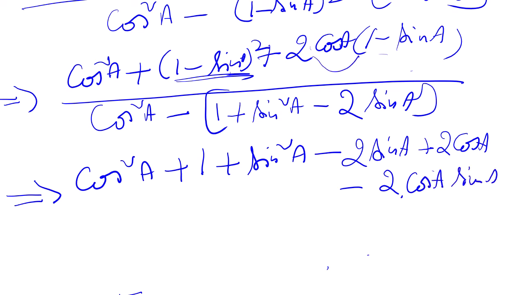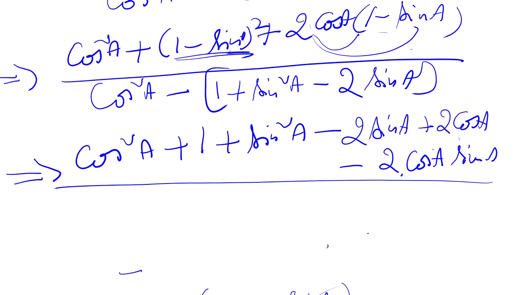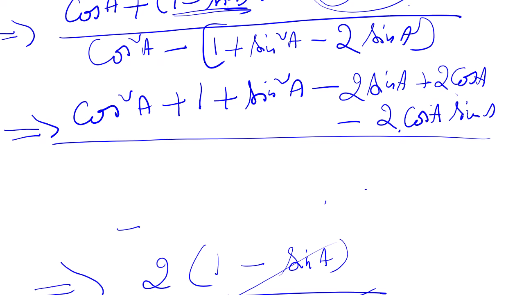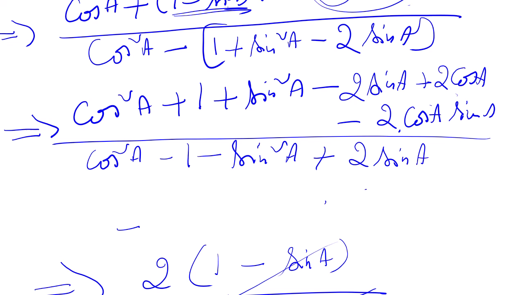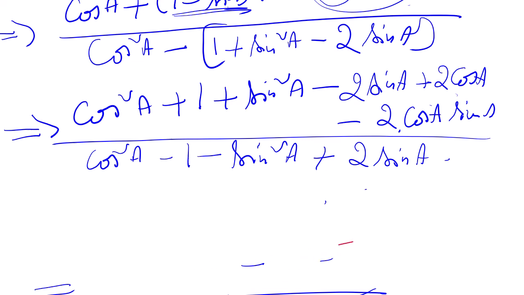This 2 cos A is multiplying both. So 2 cos A into 1 is 2 cos A, 2 cos A into minus sin A is minus 2 cos A sin A, whole upon this one will become cos square A minus 1 minus sin square A plus 2 sin A. Okay. We just change the signs because there is a minus sign.